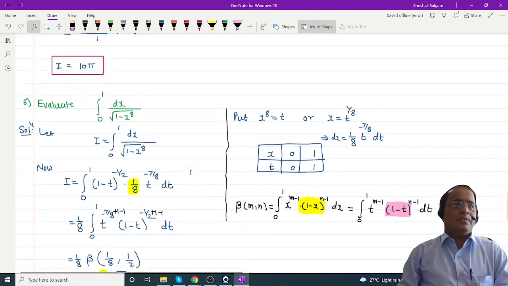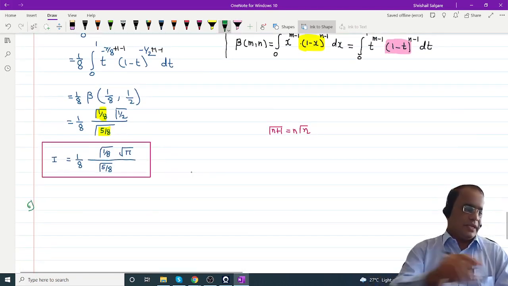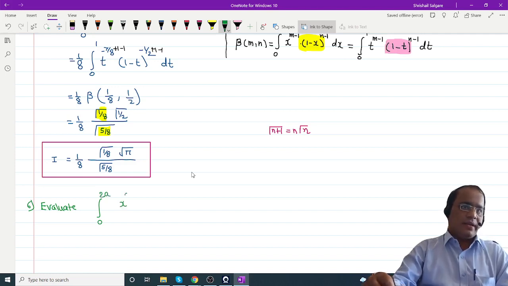One more example, the sixth one. Tomorrow I will continue with the trigonometric terms. Sixth example: evaluate the integral from 0 to 2a of x raised to 9 by 2 divided by square root of 2a minus x dx.